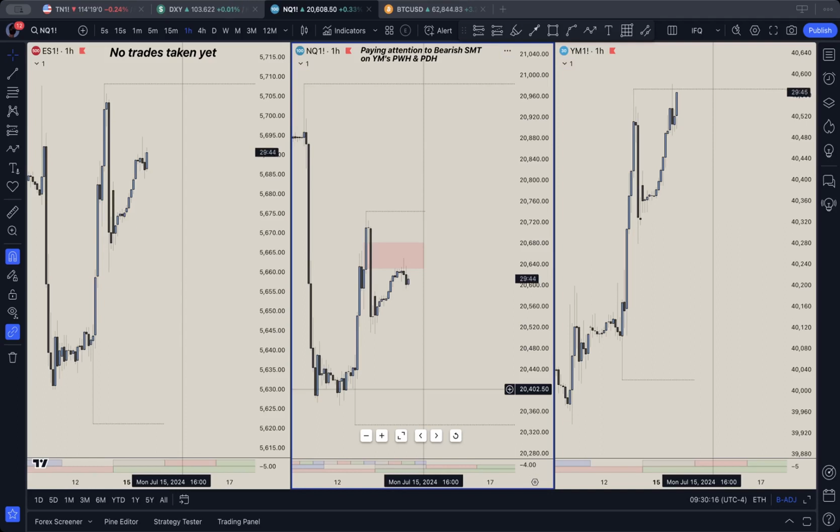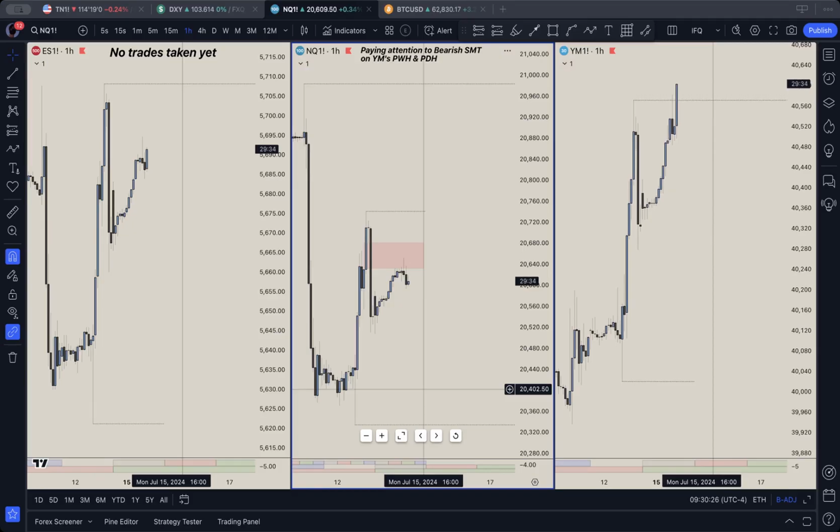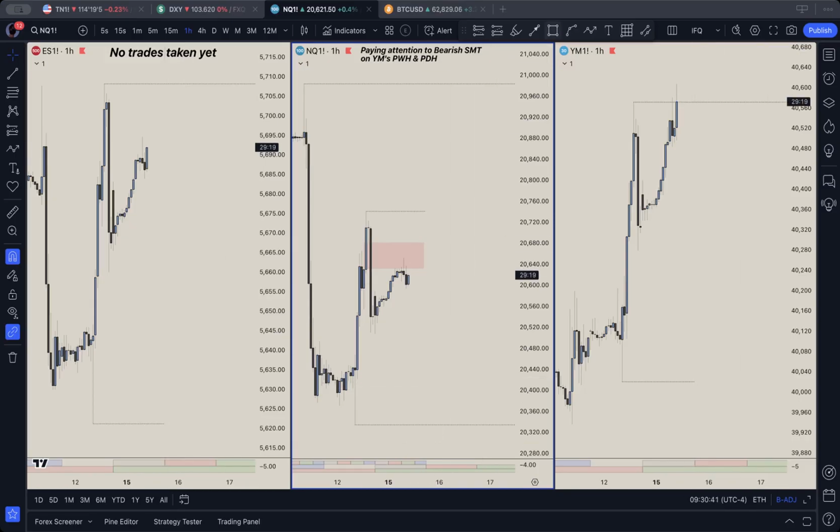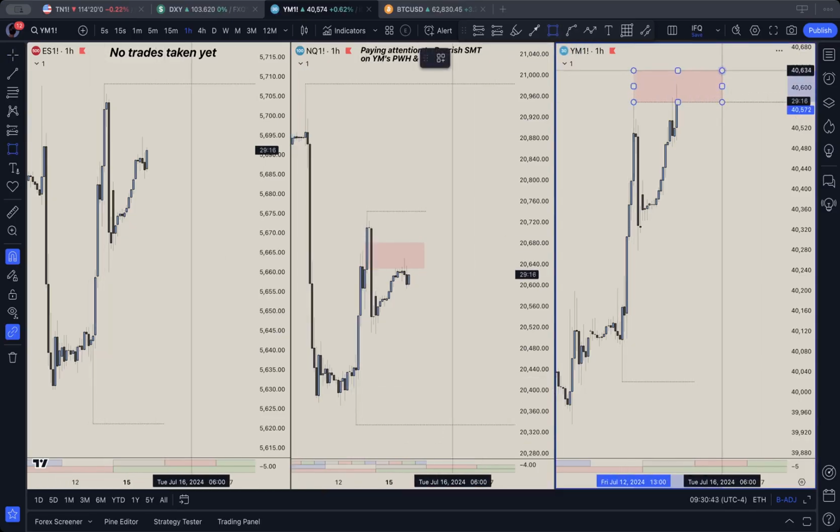So far, so good on YM. I still need to wait half an hour. Despite it being 9:30, I still want to see the hourly close. Right, so this is the liquidity run that we were expecting so far.